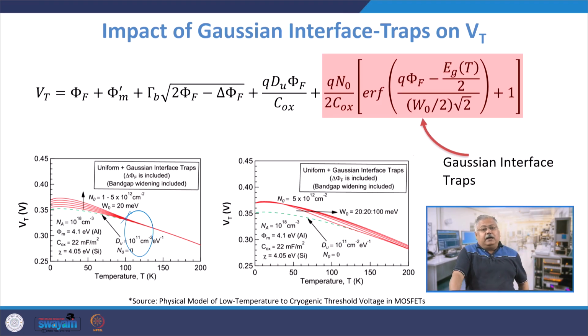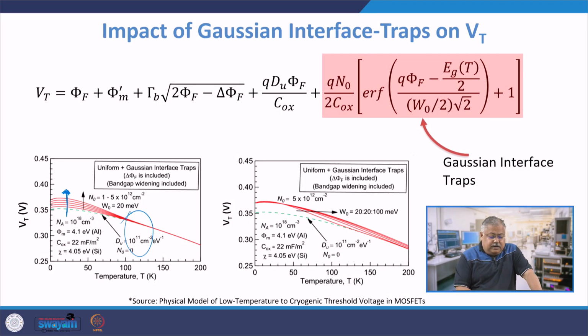So, if you are working at 100 Kelvin or even 150 Kelvin, the threshold voltage will not vary too much with respect to N0, but this variation becomes more prominent when you reduce the temperature to sub 50 Kelvin. At sub 50 Kelvin, as you can see, there is a threshold voltage variation. As you make your N0 higher and higher, obviously your Vt goes on increasing, and the difference becomes very large at low temperature. The same thing is true for the right hand side figure also, for the Gaussian interface trap charges.